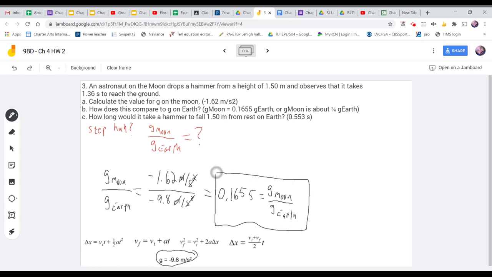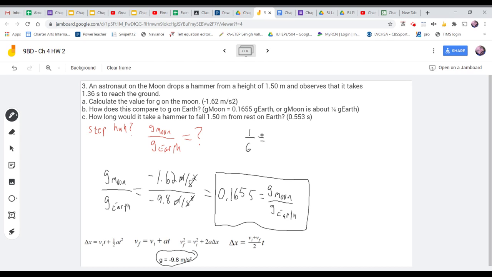But let me take it one step further. If you just take 1 divided by 6, so I'm just kind of pulling that number out of the air because I happen to know it's the right answer.